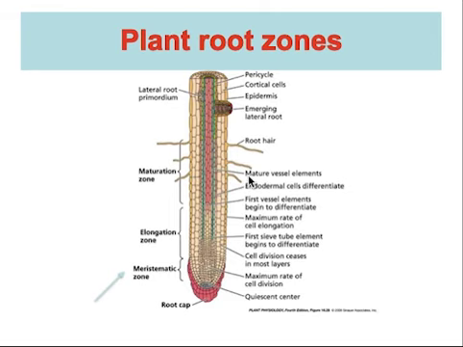You can see here where the root cells differentiate into specialized cell types. All 3 zones are approximately the first centimeters of the root tip.